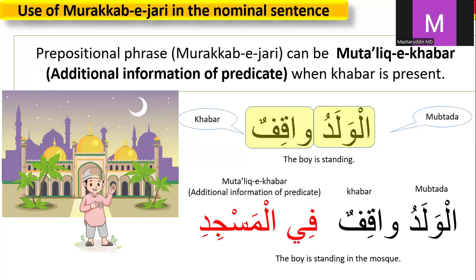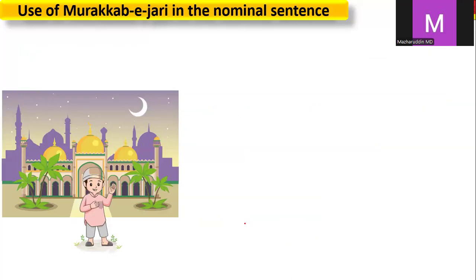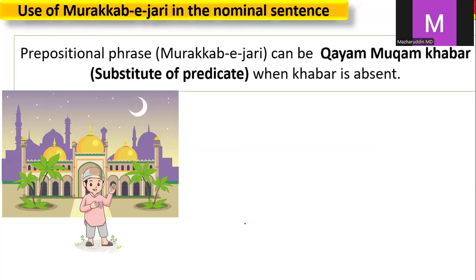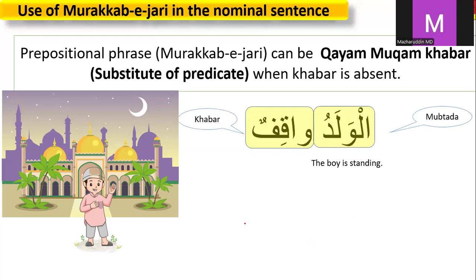Okay. Now let's take the second condition. A prepositional phrase can be qayam muqam khabar. What does it mean? Substitute of predicate when khabar is absent. Like this, we have learned the simple sentence, al-waladu waqifun, the boy is standing.